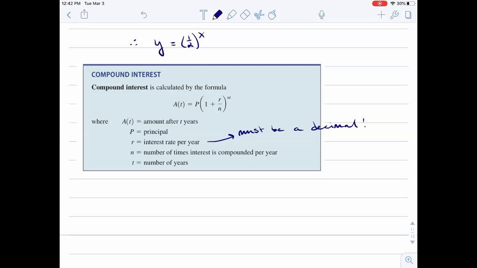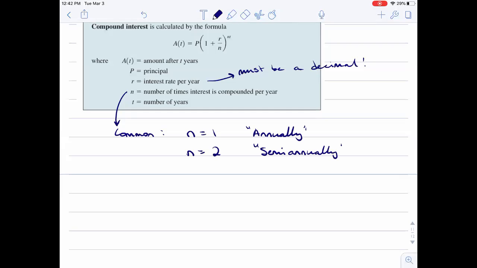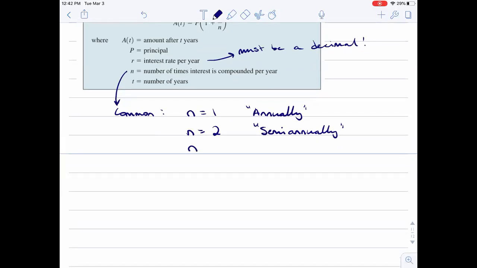Annually, N would be 1. Semi-annually, N would be 2, right? And so here are some common ones. N equals 1 is annually. N equals 2 is semi-annually. N equals 12 is monthly.